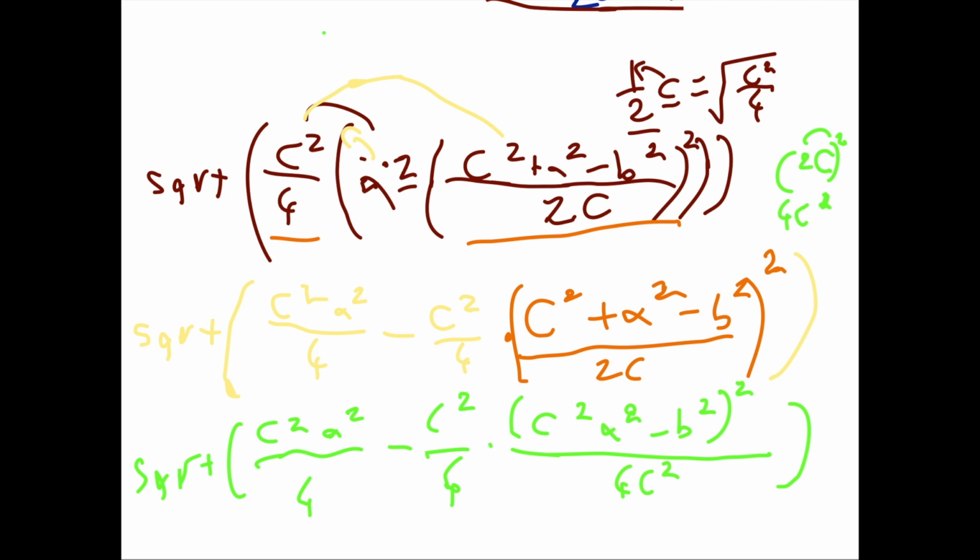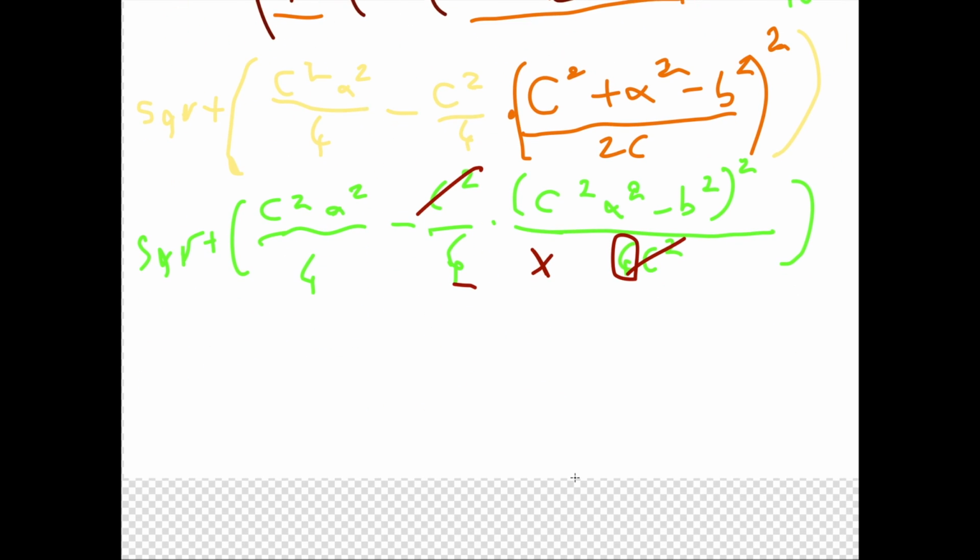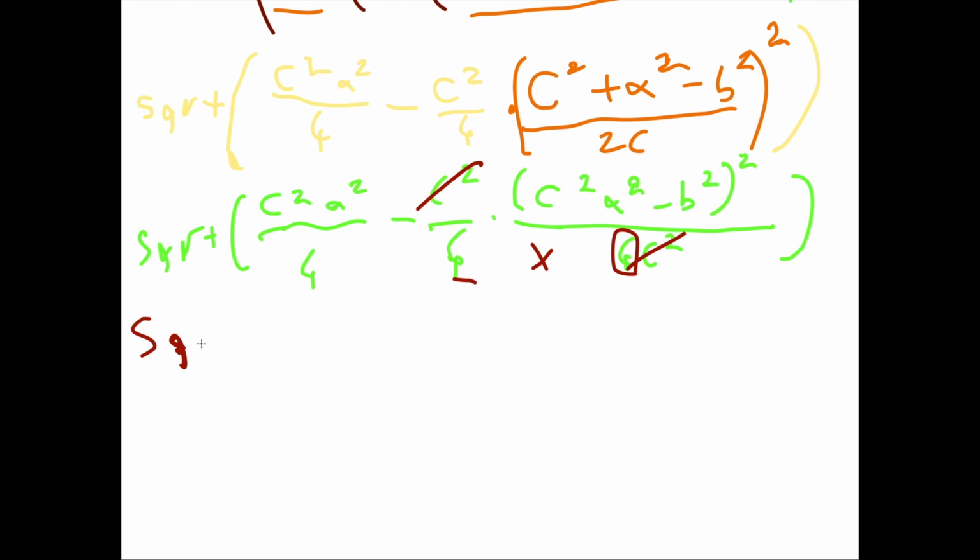And now what we can do is cancel c squared here with c squared here, right? And that means we can also multiply this 4 with this 4 here, because that didn't cancel. So 4 times 4 is 4 squared. So square root of c squared a squared divided by 4 minus, and actually this would be 1 now.